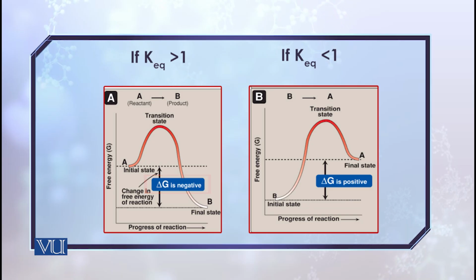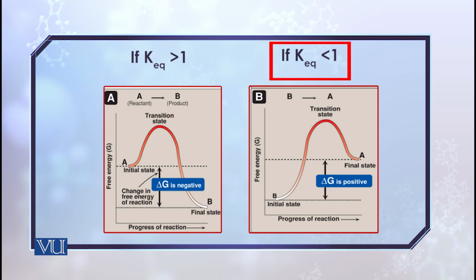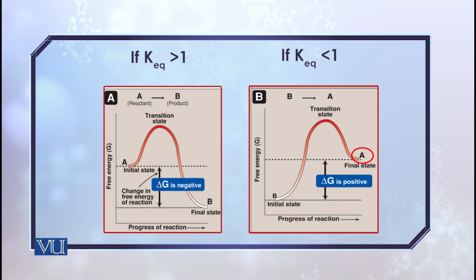So, that is why the reaction will move in the forward direction, that is why A to B will be favorable. Opposite to this is if K equilibrium is smaller than 1. If it is smaller than 1, you will see the reaction moving in the reverse direction, not in the forward direction.